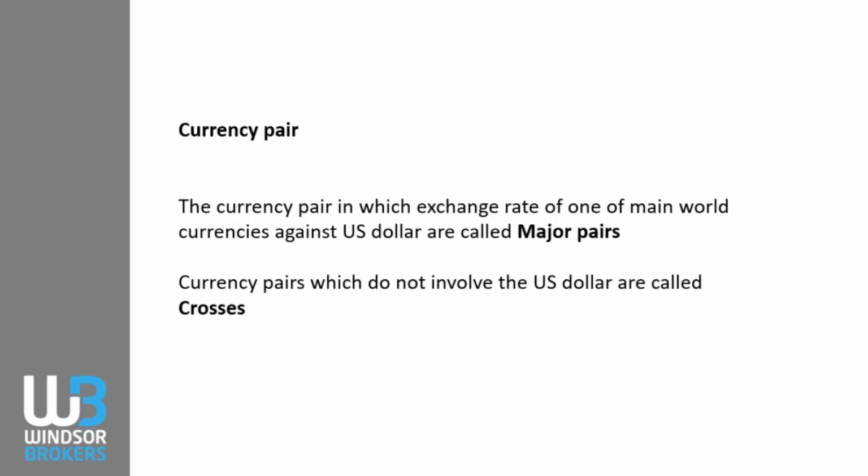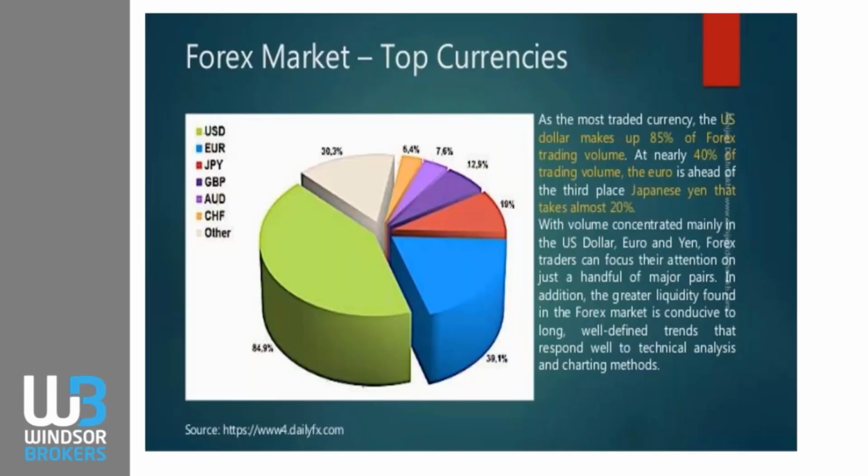So basically we have a currency pair, a first currency against a second currency, and they are classified as major pairs, which include the US dollar, and the cross rates or cross pairs that are without the US dollar, including the relation between all other currencies except the US dollar.